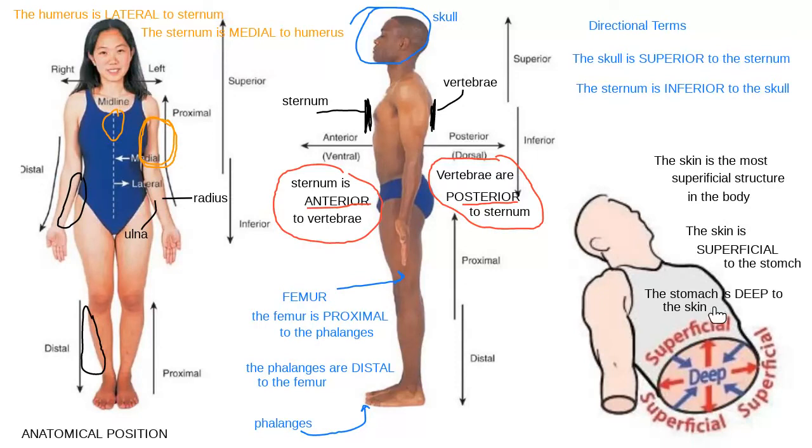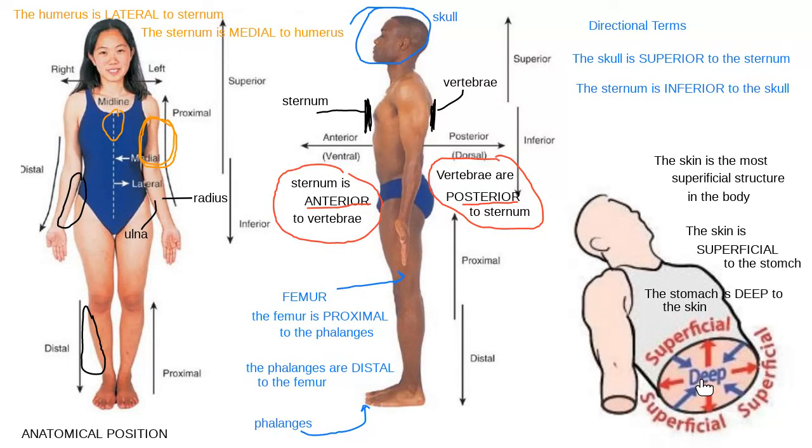A comparison I often like to make when we're in class together, so think about this when you're learning your bones and your organs. One of my favorite organs to compare superficial and deep is the relationship between the heart and the ribs. The heart has ribs all the way around it. They're in front of the heart, they're behind the heart, they're on the sides of the heart.